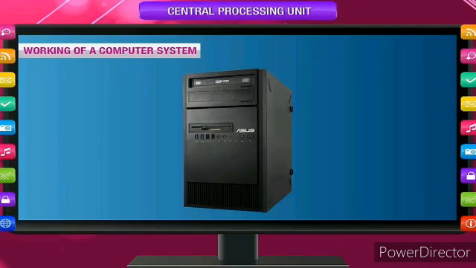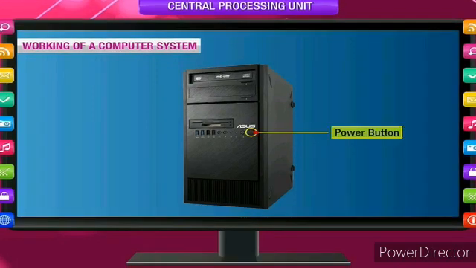CPU cabinets are available in various designs but contain the same components inside. Some important parts of the CPU cabinet you need to identify are as follows. Power button: it is used to turn on the computer.